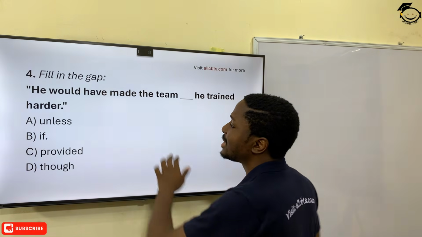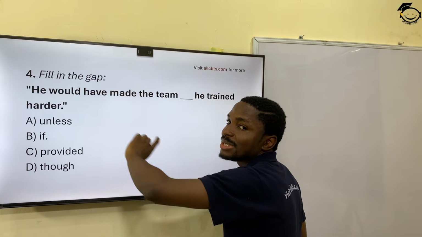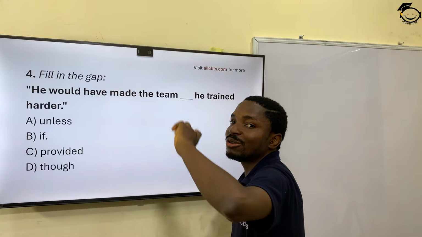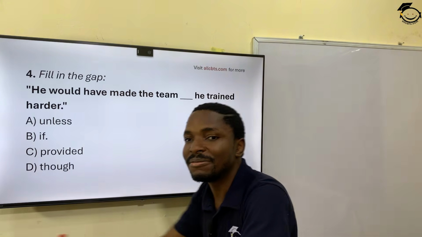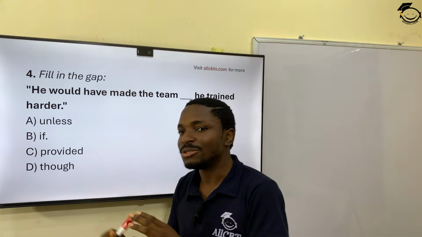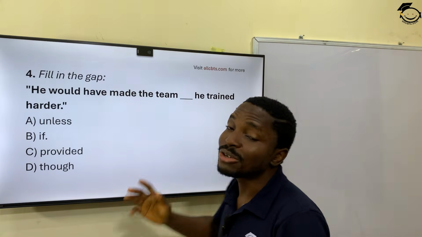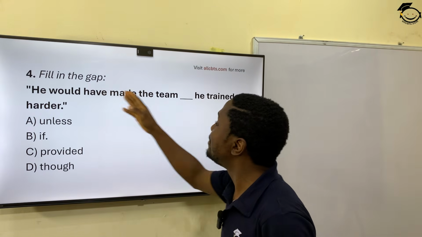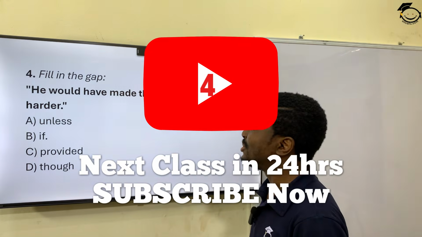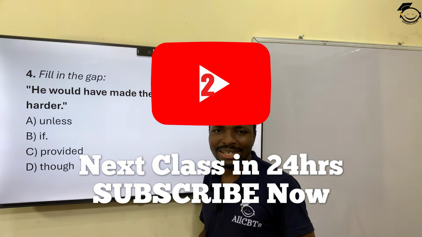No, because this is like a past tense. It's something that is said of somebody that would have happened. A condition that would have happened is a conditional statement, so it has an if attachment to it. He didn't make the team because he didn't train harder. So, he would have made the team if he trained harder. Is that clear?